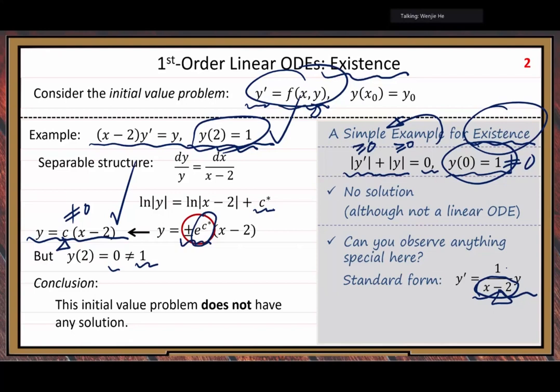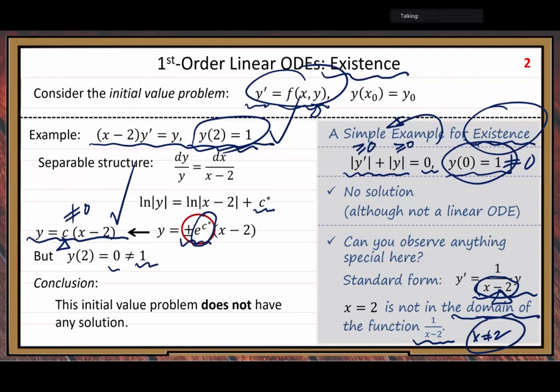So we say x equals 2 is not in the domain of the f function, because in the domain, x is not allowed to be 2. Other than 2, all other x's are allowed.